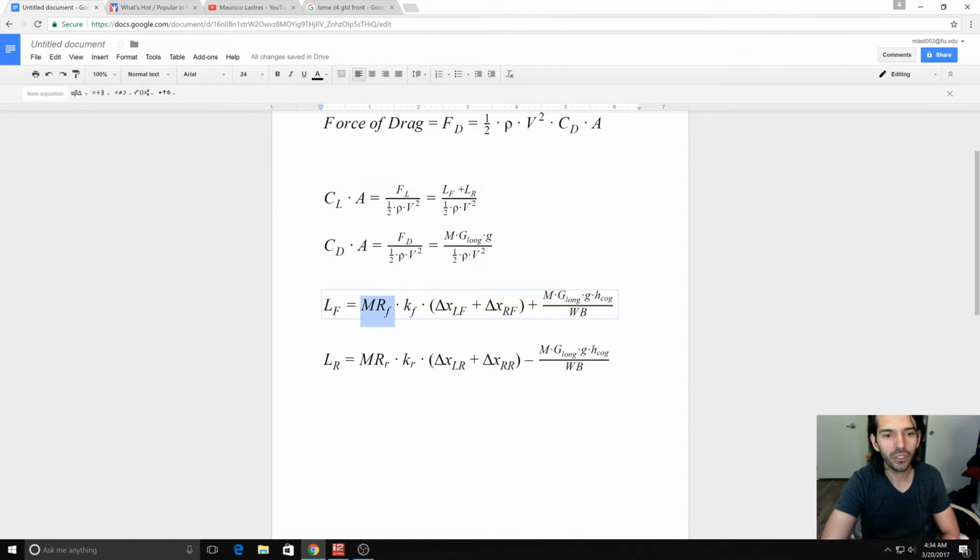We need to know the motion ratio of the suspension relative to the car's body motion. KF will be the spring rate in the front, which is easily known and given to us. Then we have delta X left front plus delta X right front. That is our suspension travel. And what that does is just use Hooke's law.